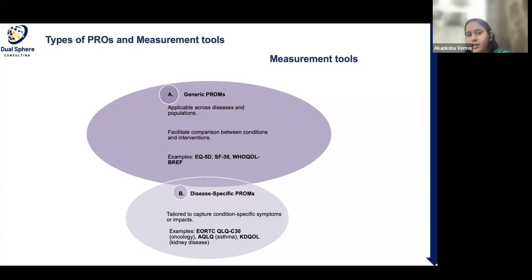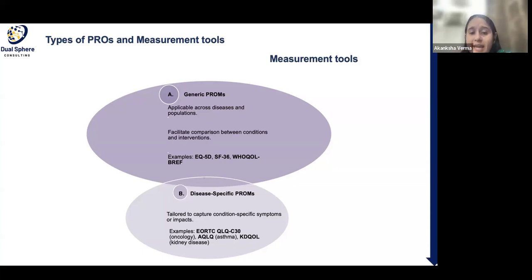These are not generic. So you can't compare your diabetes with cancer. No. These are very specific to disease conditions, tailored specifically to capture the condition specific symptoms or impact. For example, you have EORTC QLQ-C30, which is for oncology, for cancer related patients.